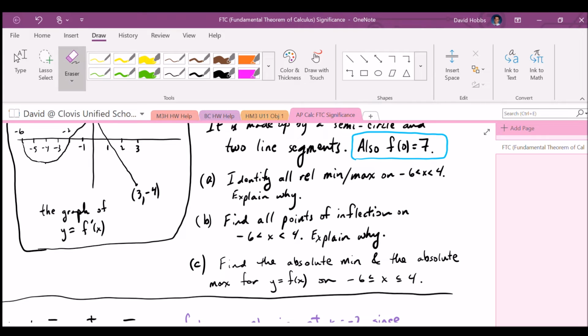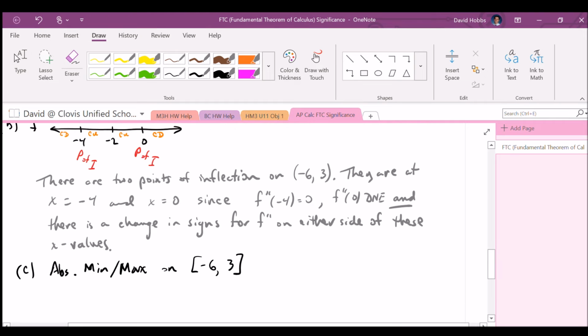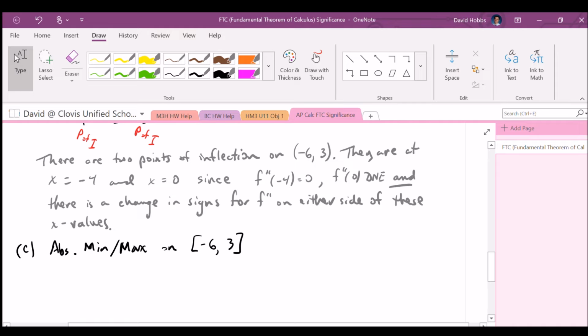So it should not be from -6 to 4. It should be from -6 to 3. Sorry about that.